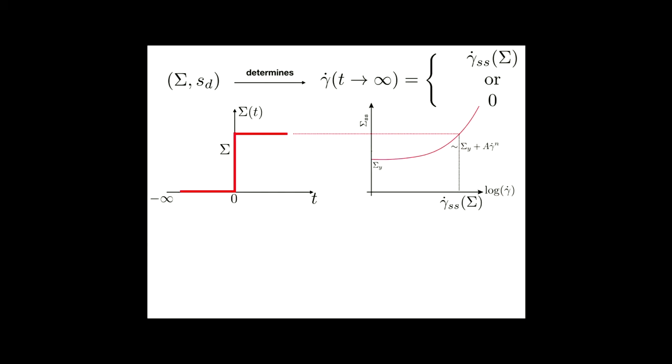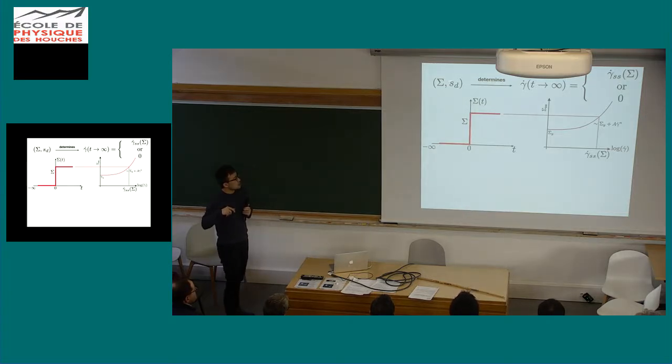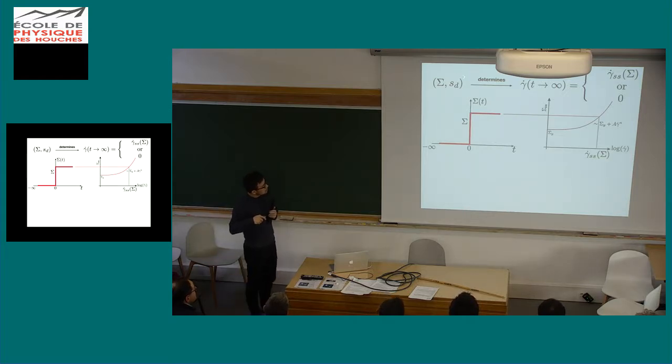And so with that said, you can conclude that the behavior of the shear rate as time t goes to infinity is not only determined by the stress that you apply onto the system, but also by the spread or the initial aging of the system.